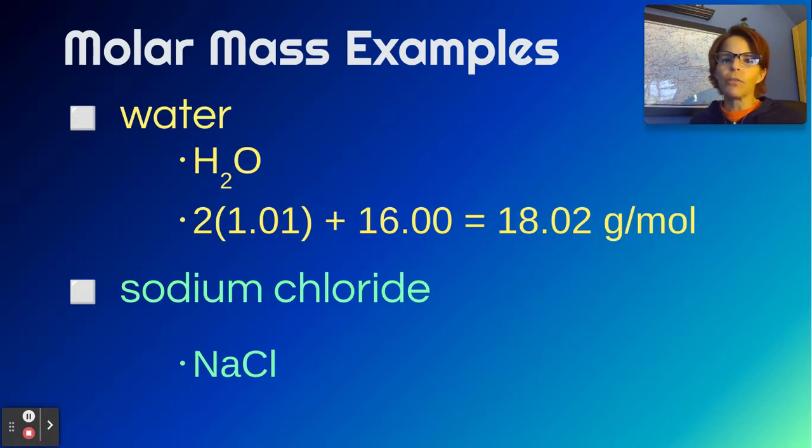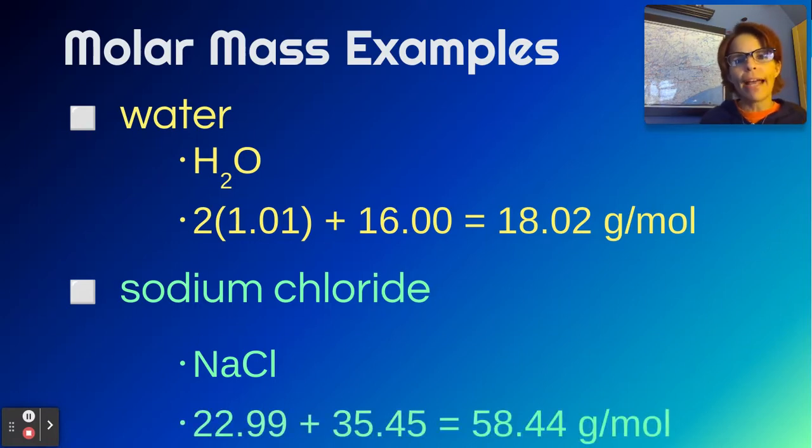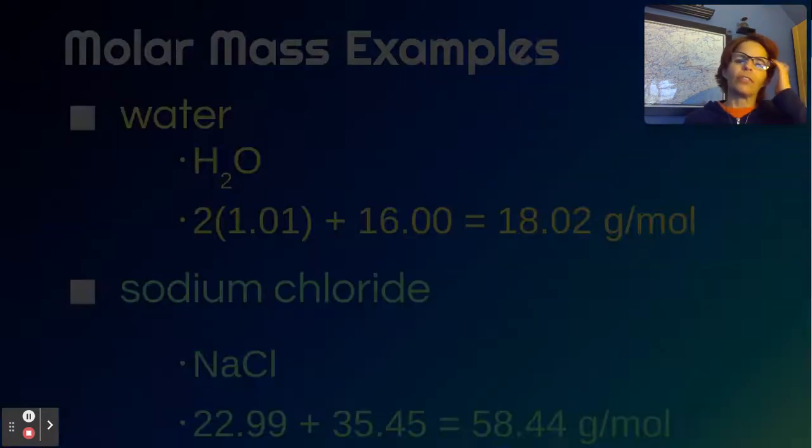All right, let's try sodium chloride, NaCl. So look up Na, look up Cl, add them together, and the mass of 6.02 times 10 to the 23rd NaCl ions together would give you 58.44 grams in 1 mole of salt ions.